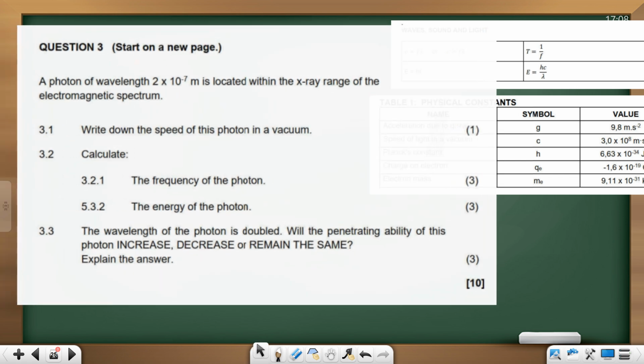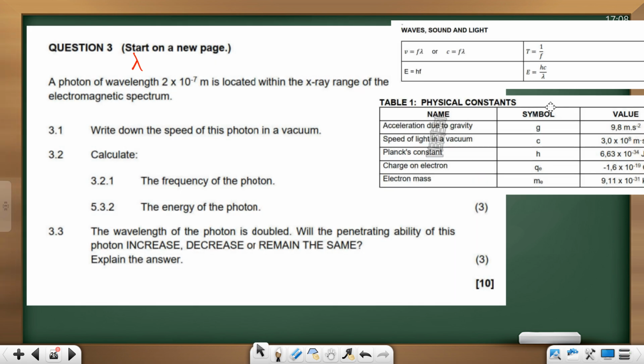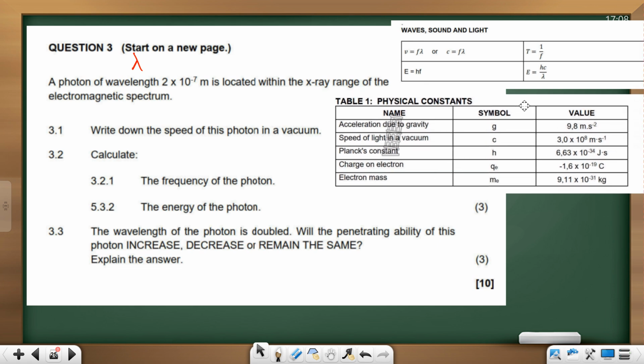It's right there. Can you see? It says speed of light in a vacuum. Write down the speed of a photon in a vacuum. You see that, right? So all of these electromagnetic waves travel at the same speed.